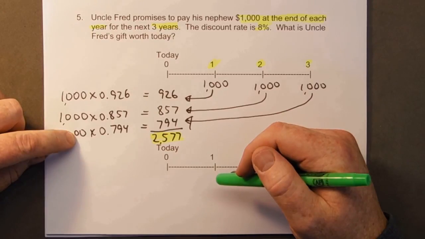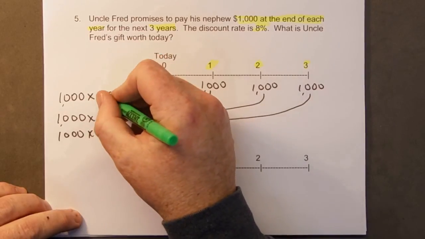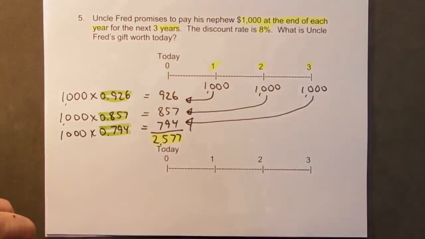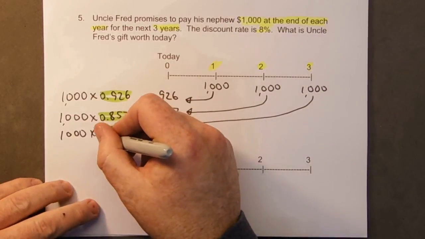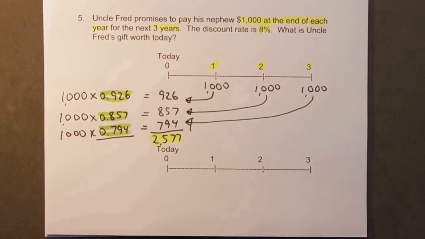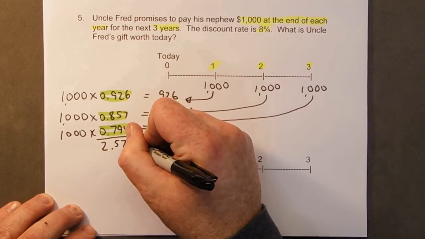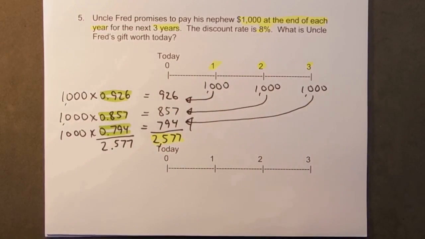Take 1,000 times 0.926, 1,000 times 0.857, 1,000 times... So it might be easier just to add up all those factors and instead of multiplying it three times, just multiply it once.